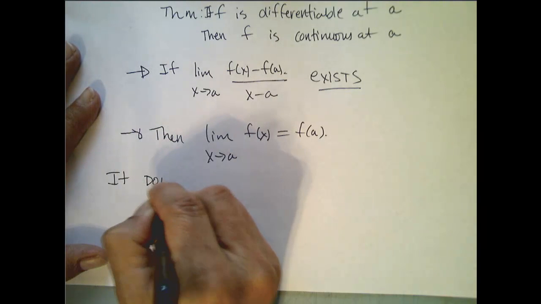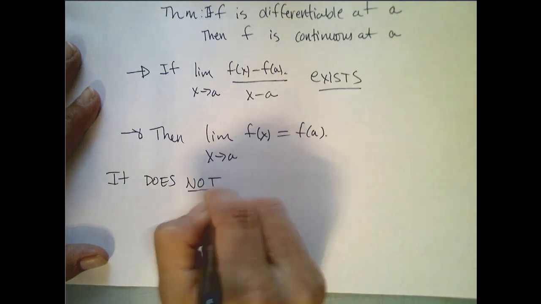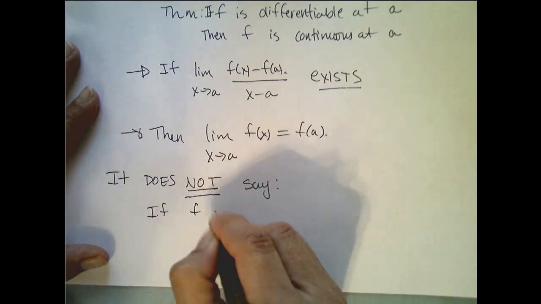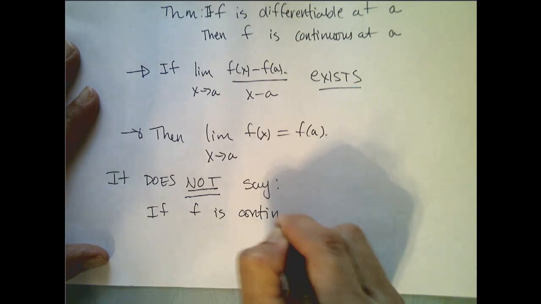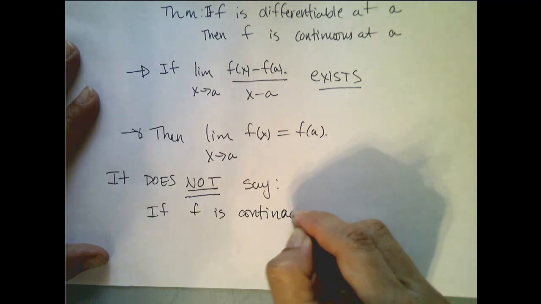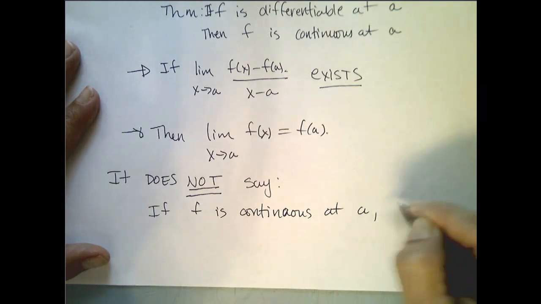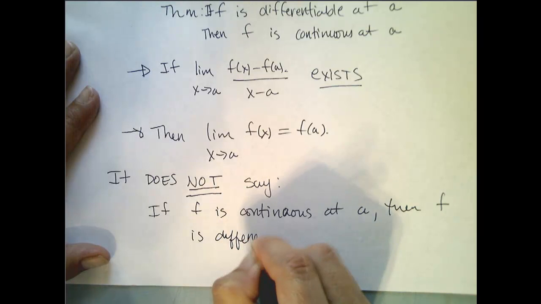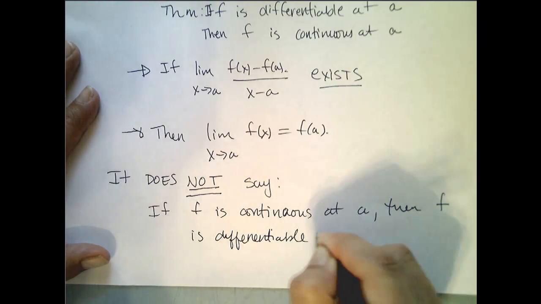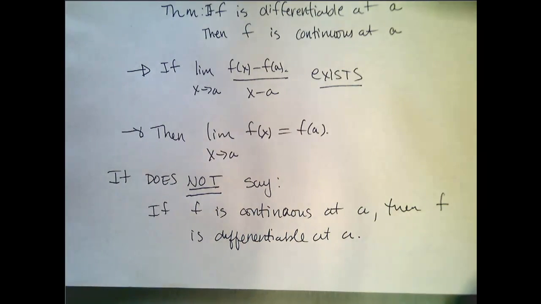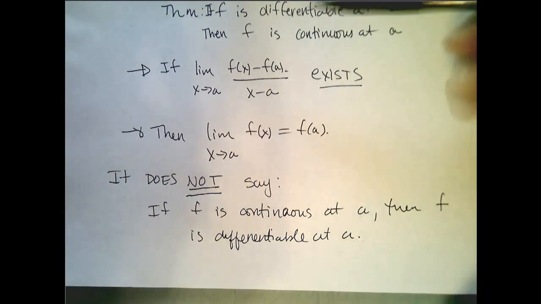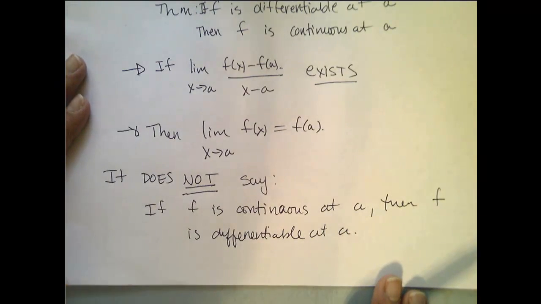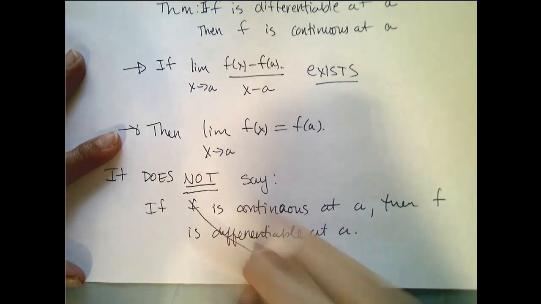It does not say if f is continuous at a, then f is differentiable at a. It doesn't say that at all. Remember, if an if-then statement is true, that doesn't mean its converse is true. So if f is continuous at a, then f is differentiable at a is not necessarily true.